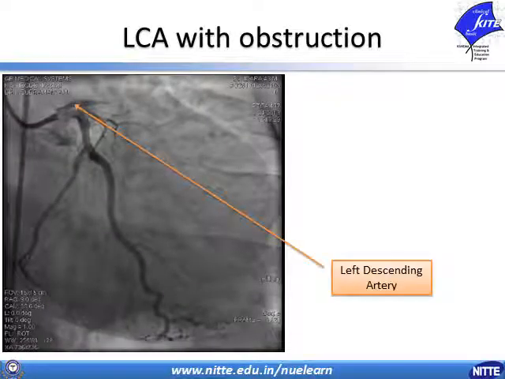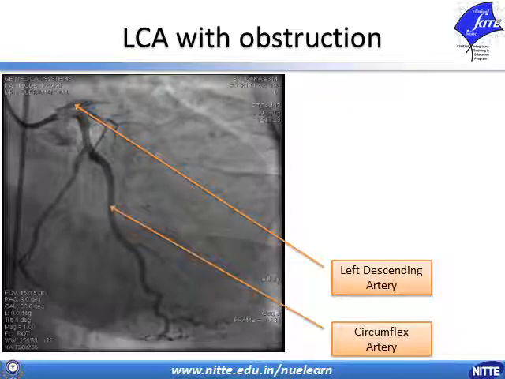That is the left anterior descending artery, the anterior descending branch of the left coronary artery. That is the circumflex artery.